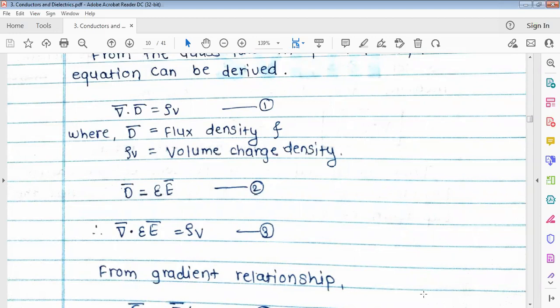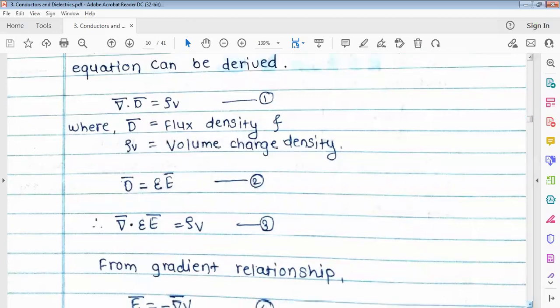So if we put this in equation number 1, it is del dot D bar, and D bar is equal to epsilon E bar, is equal to rho v.